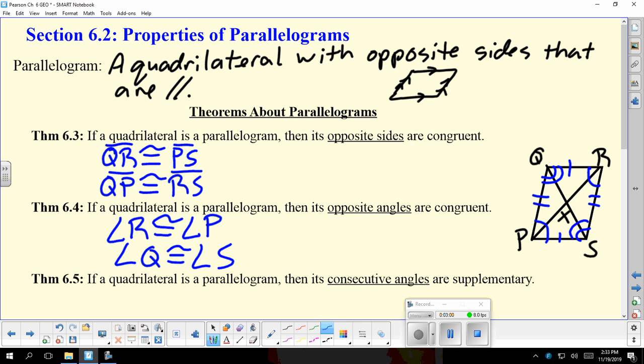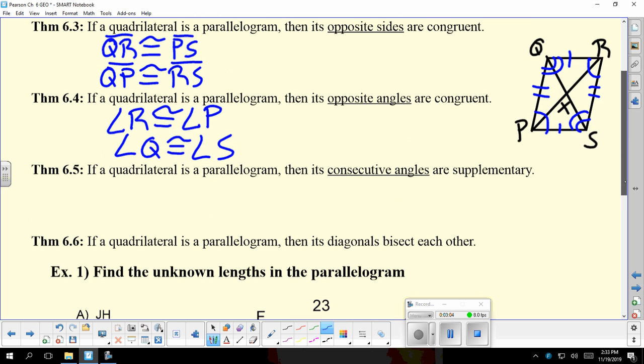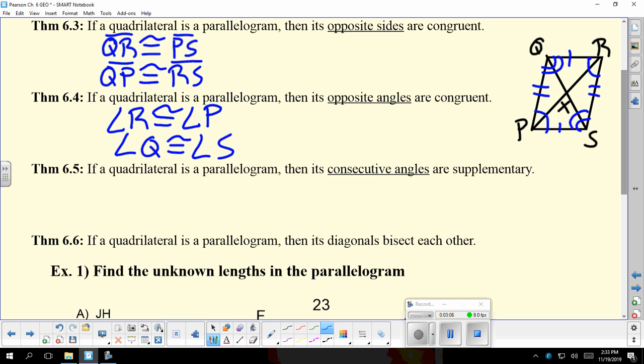So in this case, there's 4 of them. Angle Q plus angle R equals 180. Angle R plus angle S also equals 180.